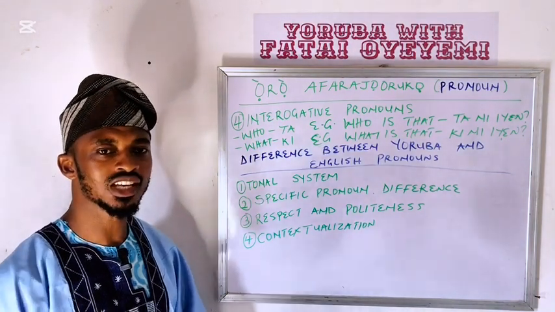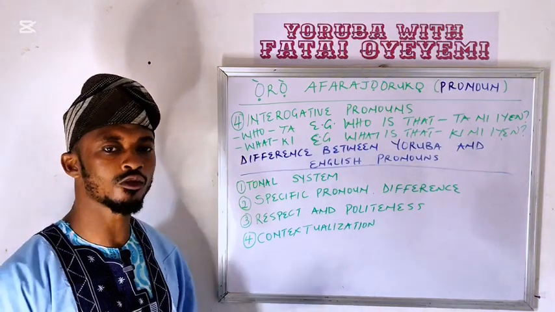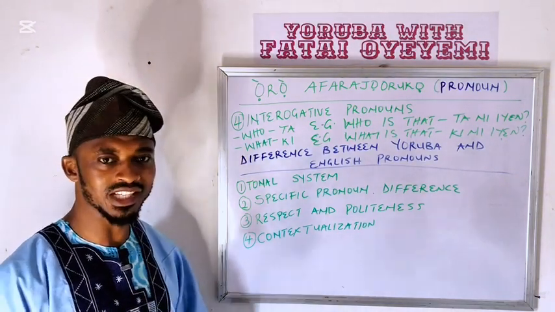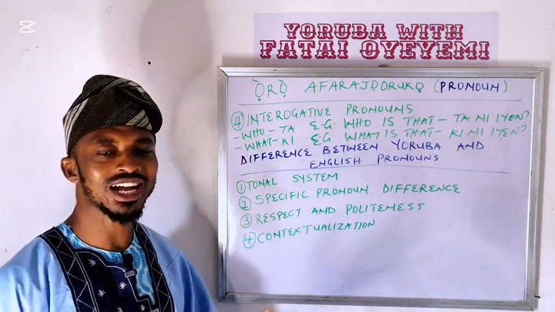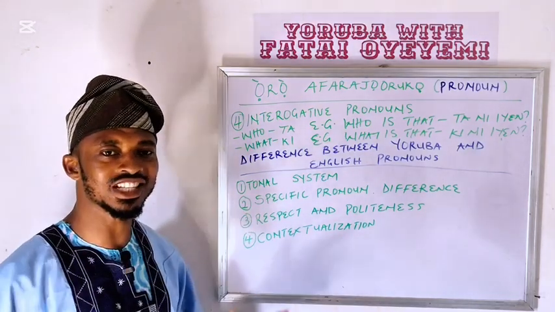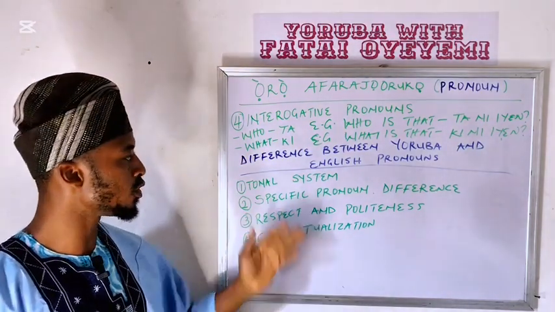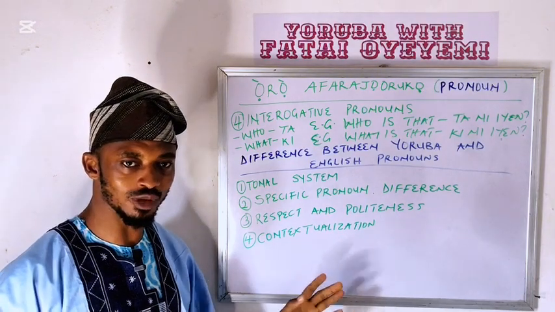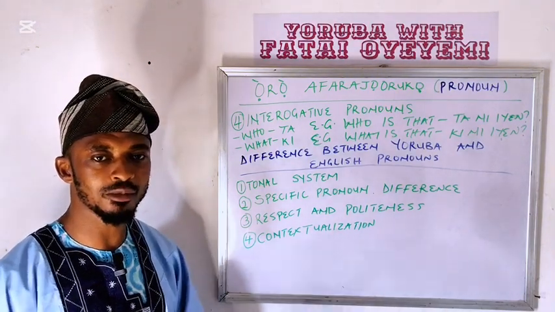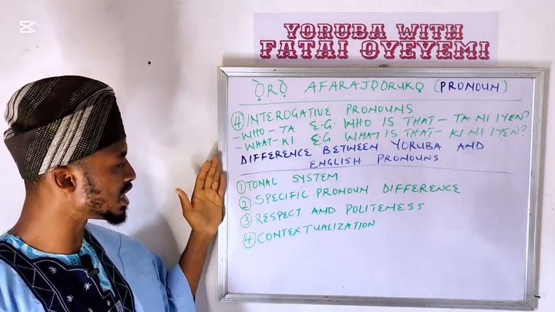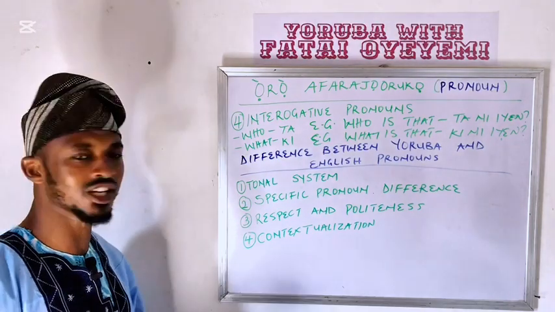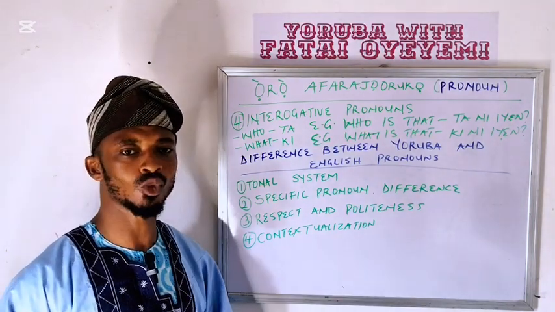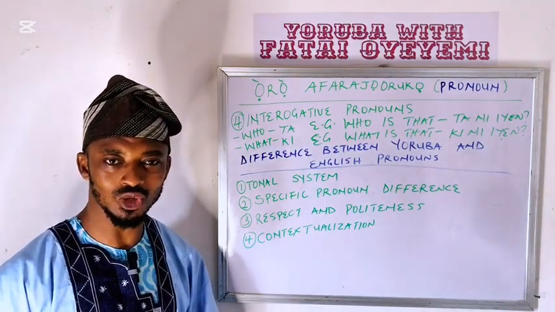So I have to use second person plural, even for a singular person. The context in which you are using this pronoun can change the meaning of the sentence or the word. I'm not saying these are all the differences between the English and Yoruba pronoun, but for the purpose of this lesson, we just limit it to these differences. And with that, we are done with the topic, Yoruba pronoun.